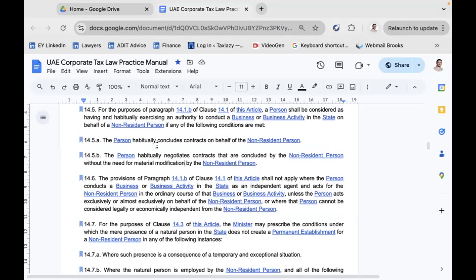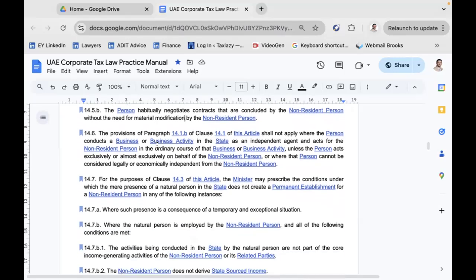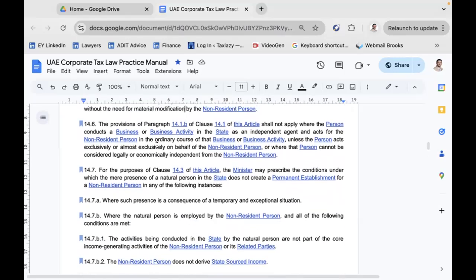He doesn't have an office, whatever it is, but he is concluding contracts. This will still give rise to a PE, and the nomenclature that we use is called dependent agent PE, dependent agent permanent establishment. I hope you guys are clear on my example of permanent establishment, because this is a crucial concept.